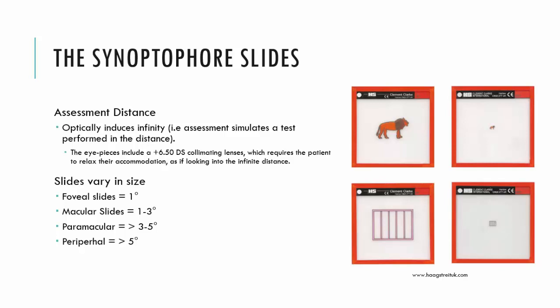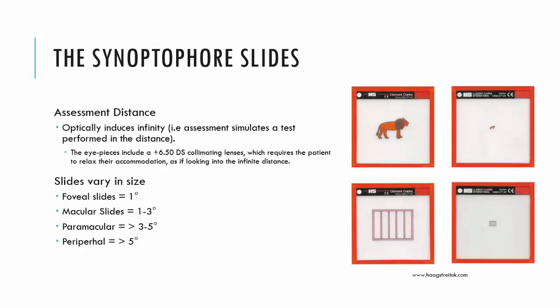So whilst optically it's being induced by using +6.5 lenses which require the patient to relax their accommodation and simulate distance, there is a sense of nearness that can contaminate your results, which means that they may not correlate exactly to what you found in free space in the distance. Nevertheless, the principle is that the Synoptophore is assessing you in the distance.